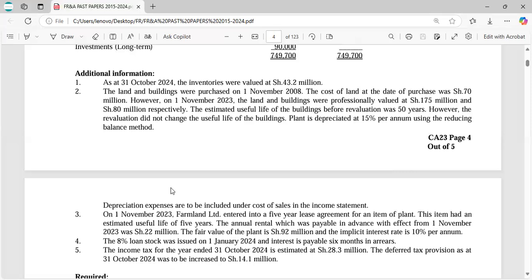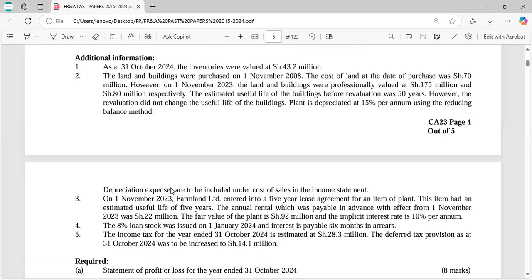Number 3: on 1st November 2023, Farmland Limited entered into a 5-year lease agreement for an item of plant. This item had an estimated useful life of 5 years. The annual rental, which was payable in advance with effect from 1st November 2023, was 22 million. The fair value of the plant is 92 million, and the implicit interest rate is 10% per annum. Number 4: the 8% loan stock was issued on 1st January 2024, and the interest is payable 6 months in arrears.